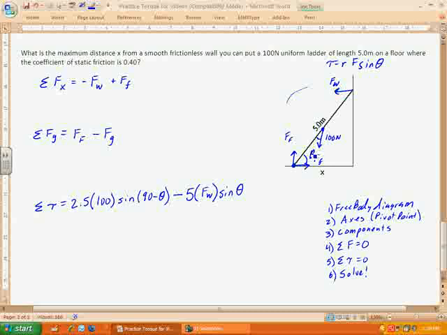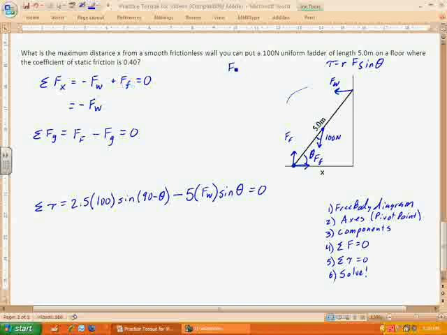So now we can go ahead and start solving. So we can look at the numbers that we have and the forces that we have. We know that each of these should equal 0. So I'm just going to put the numbers in that I have, and then we'll figure it out from there. In the x direction, we've got the negative force of the wall, and I don't know what that is yet, plus the force of friction.